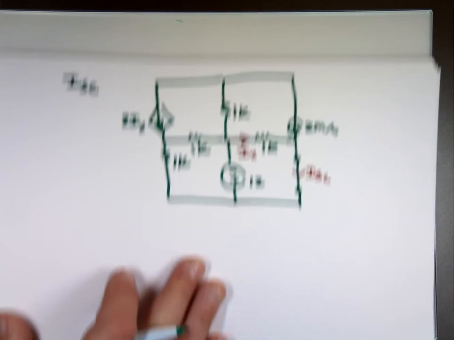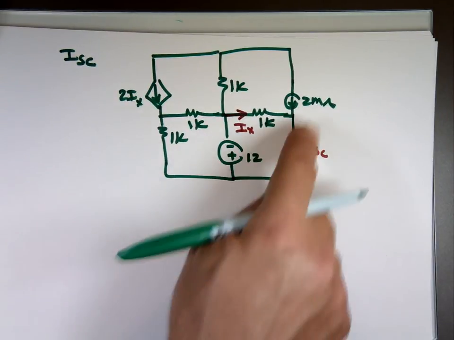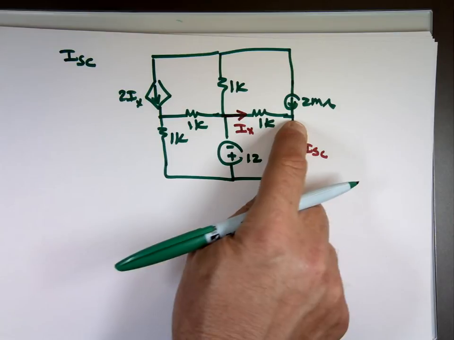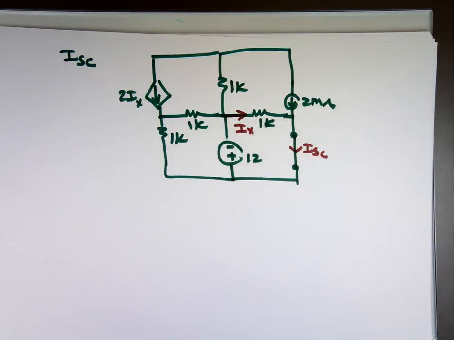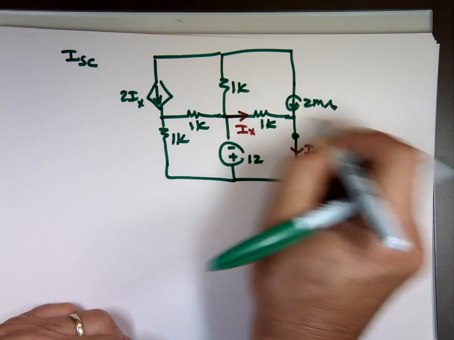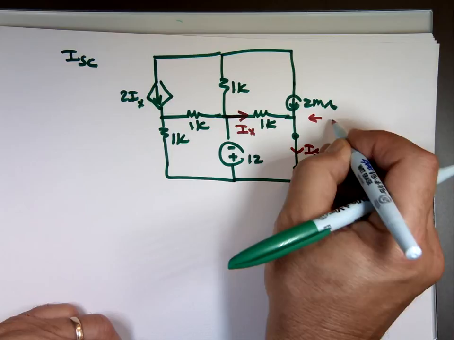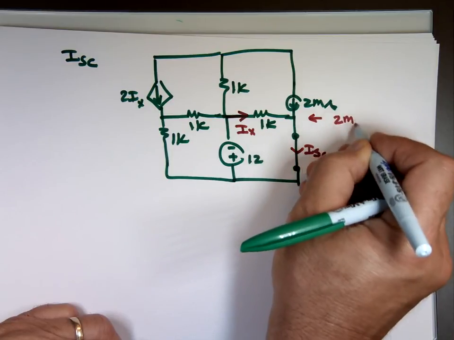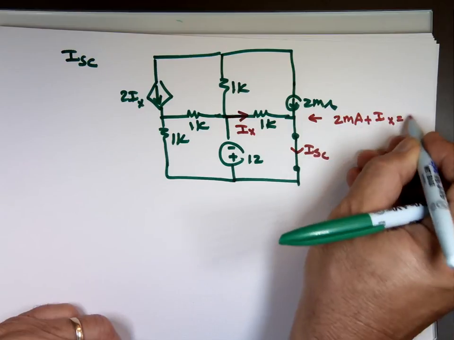Looking at this node, if we do KCL at that node, it says the current in equals the current out. What's going to that node? The 2 milliamp plus what? I sub x should equal what? I short circuit. So if I know what I sub x is, I'm done.